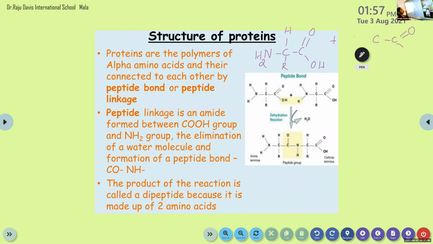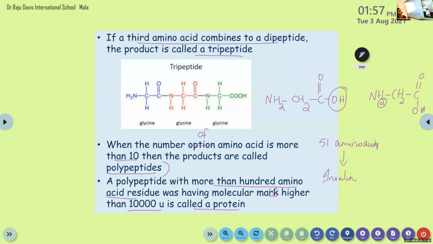So you have to remember peptide bond or peptide linkage. Alpha amino acids are joined together to form proteins, and in this peptide linkage, a water molecule is eliminated from the amino acids. Then dipeptide, here 2 amino acids are joined. Then tripeptide, 3 amino acids are joined. In each joining, water molecule is eliminated and a peptide bond is formed.